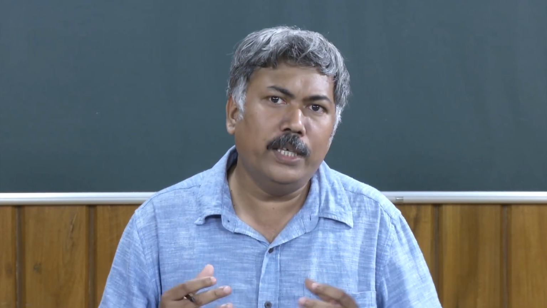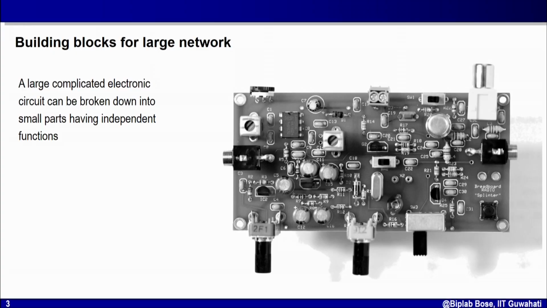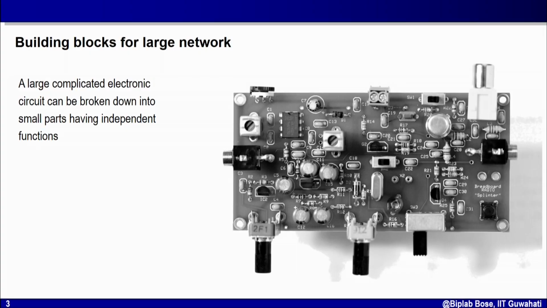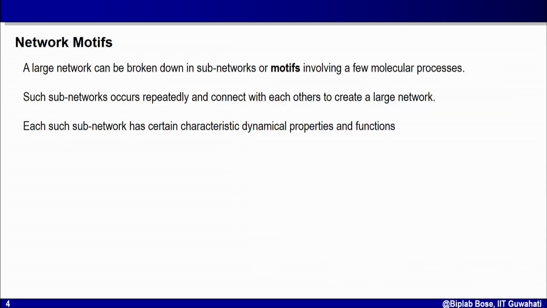So can I use that concept to break down a large molecular network into small independent parts? That would help us create a simplified version of the large thing. Let us break down a large molecular network into small parts, the way engineers break down an electronic circuit into smaller ones.